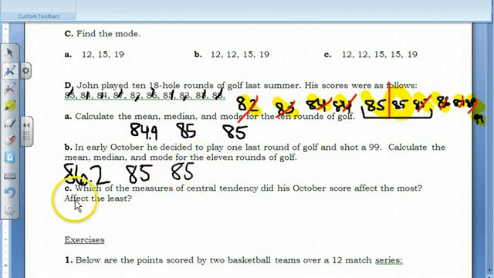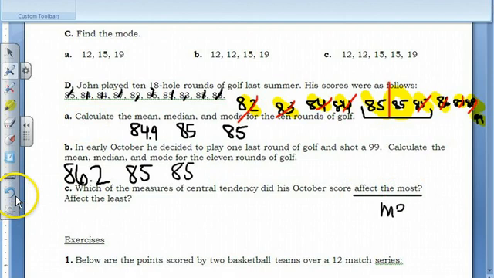The last question: which of the measures of central tendency did his October score affect the most, and which the least? Looking at these, the mode stayed the same, the median stayed the same, and the mean was the only one that changed. So the one that was affected the most was the mean.